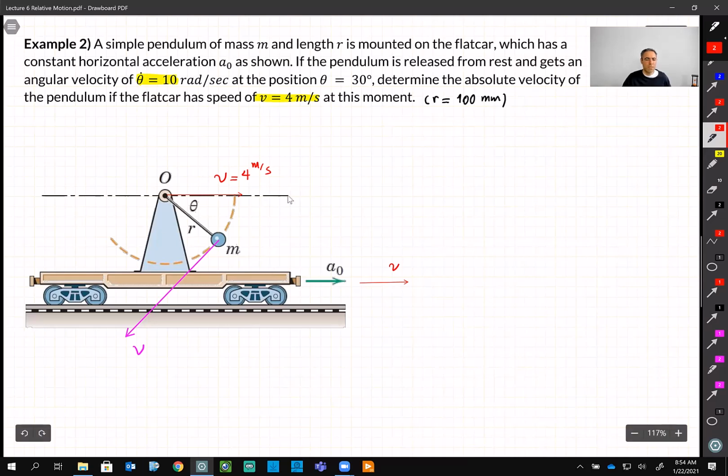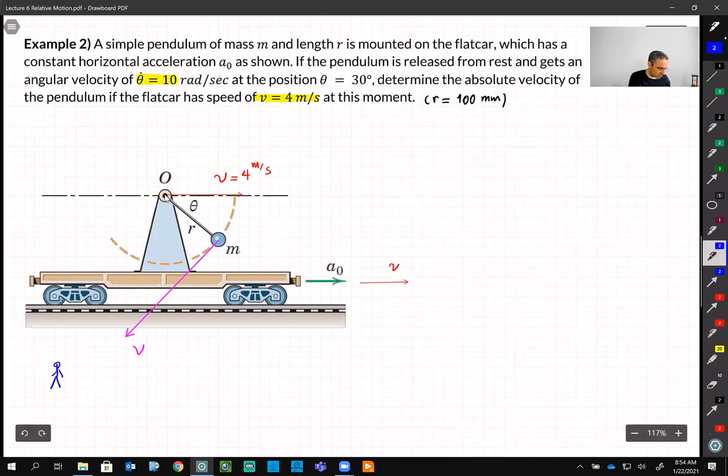I'll just let you think for a moment. So first thing, this cart, we know its velocity is 4 meters per second. Okay. So it means we know the velocity of point O. Like this person is standing outside. He knows VO. Let's call this point A. He likes to know velocity of point A. Okay?